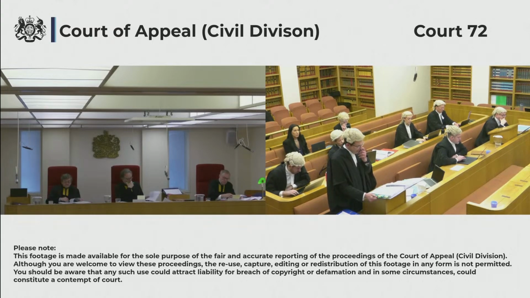And if one looks at paragraph 58, which is at page 1425, it's unnecessary to embark on the question whether the appellant would have to show that this policy was manifestly without reasonable foundation.